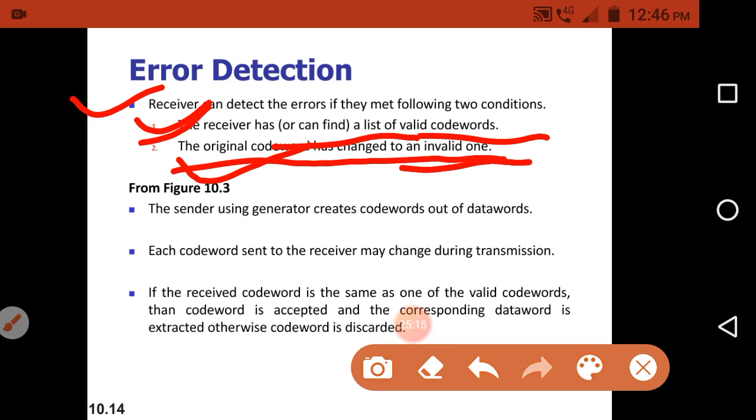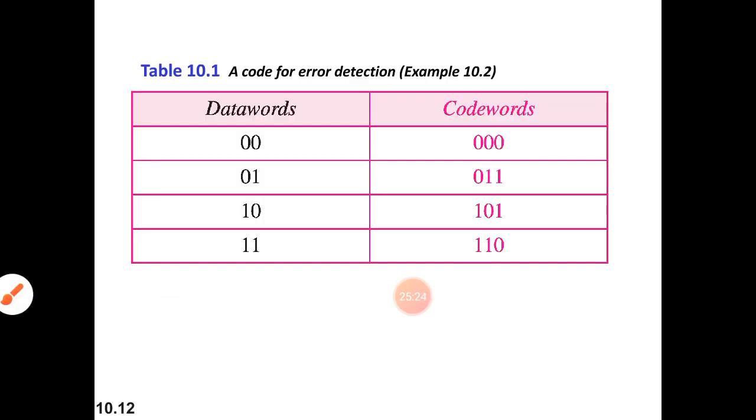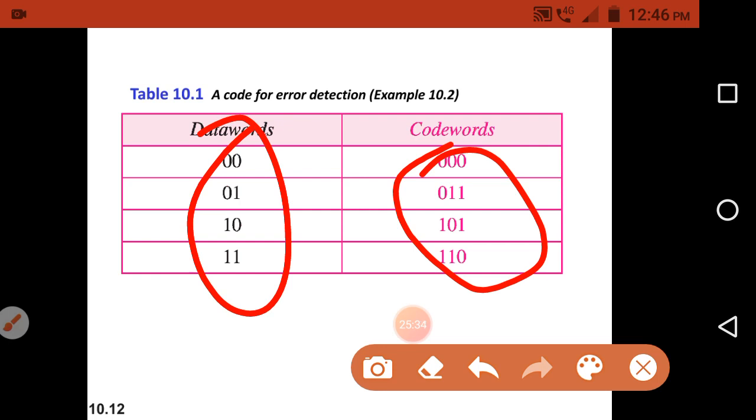So what is the meaning of valid? The receiver contains a list of valid code words, which means whatever code words are there should also be present at the receiver side.